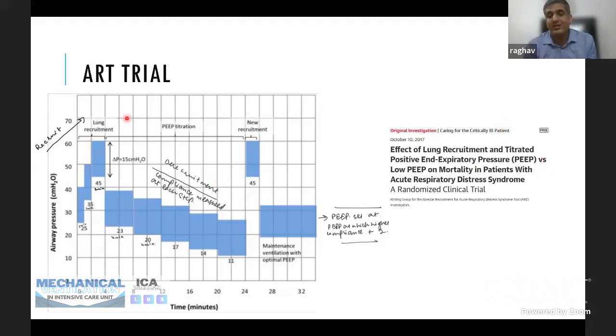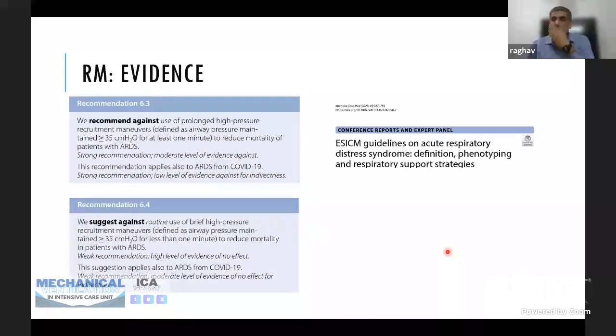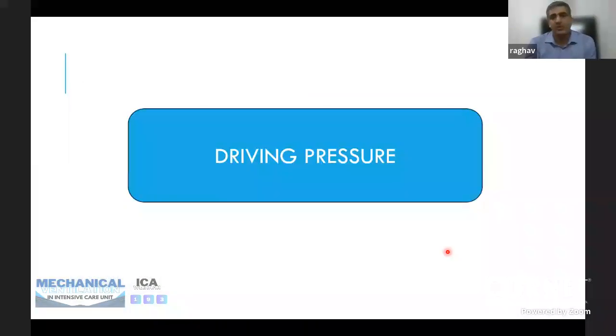These authors tried almost 60 centimeter of water, and almost 3 to 4 patients in the investigation arm had cardiac arrest during this maneuver. Based on this, the ESICM guidelines recommend against prolonged recruitment maneuvers. However, short and safe recruitment maneuvers, that is up to 30-35 centimeter of water for 30-35 seconds, can be tried in very severe ARDS or patients having refractory hypoxia.